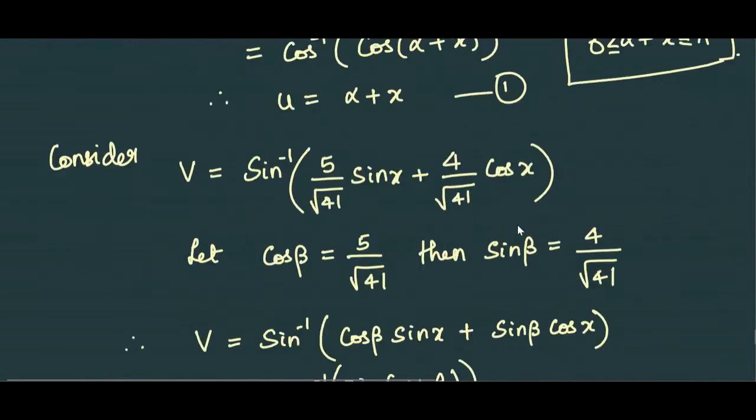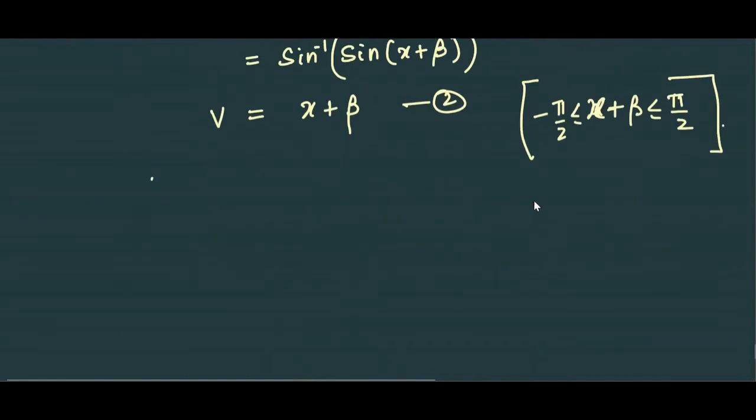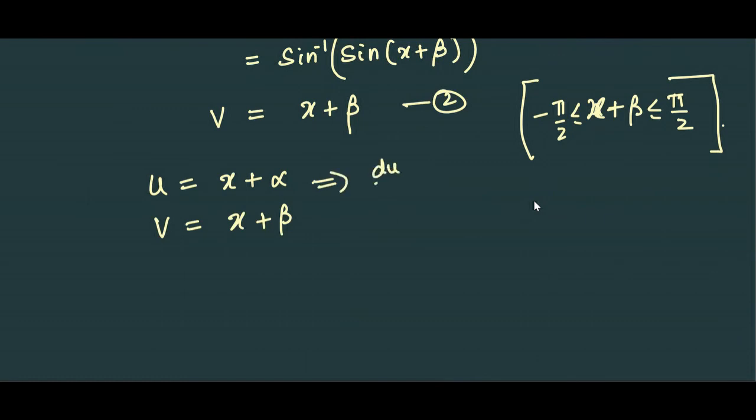So u we got as x plus alpha. v we got as x plus beta. So this implies du by dx is equal to 1, and this implies dv by dx is equal to 1.